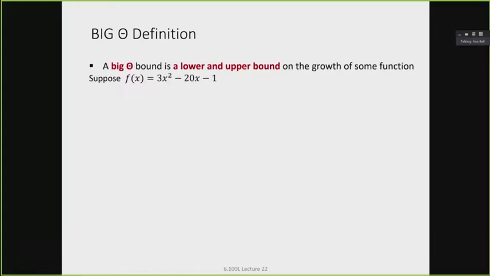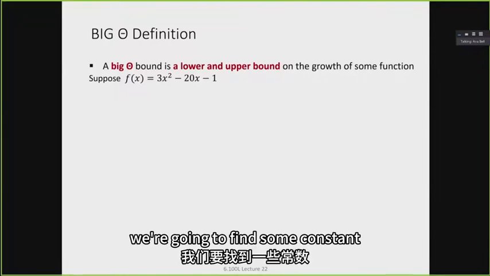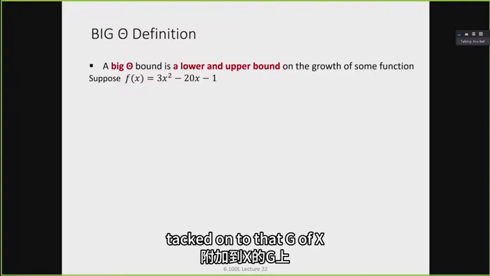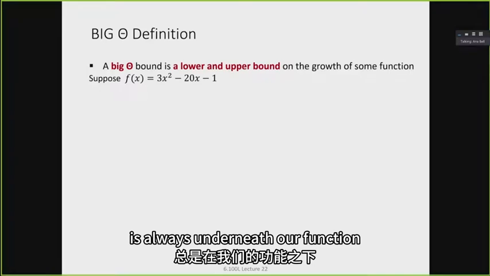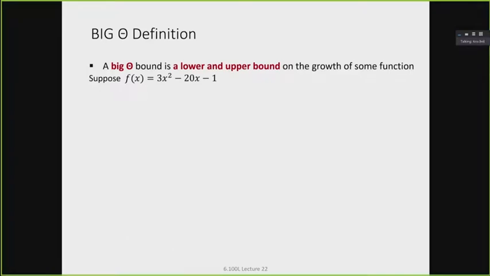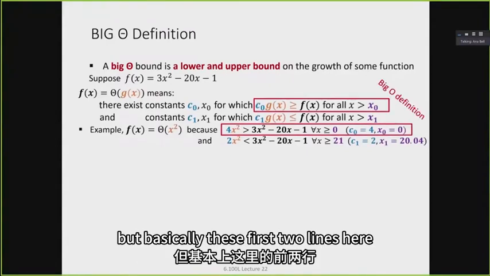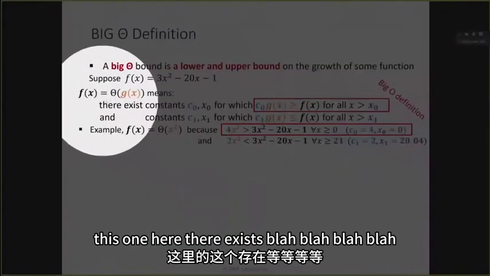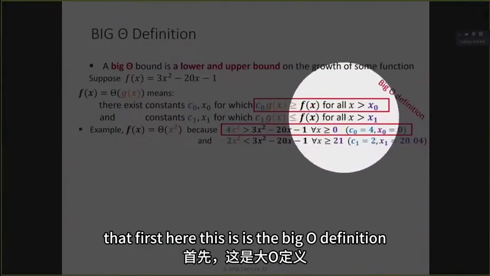for our function, right? So using the exact same reasoning, we're going to find some constant tacked on to that g of x, such that that function is always underneath our function, okay? So I'll put up a lot of math, but basically these first two lines here, there exists blah, blah, blah, that first part here is the big O definition.